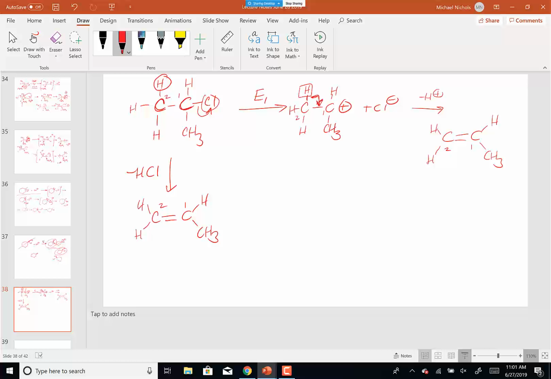Well, actually, we have to do something special to the OH to make it leave, which we'll learn about doing. But E1 and SN1 go together. The products would be this one plus an H+ plus a Cl-, and those would probably combine together. I'm more interested in the alkene product.